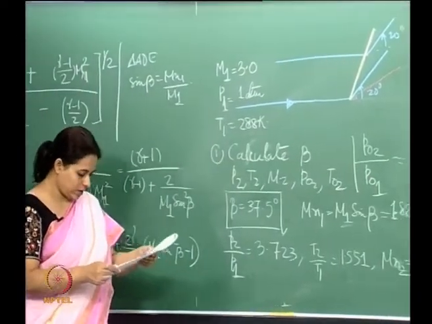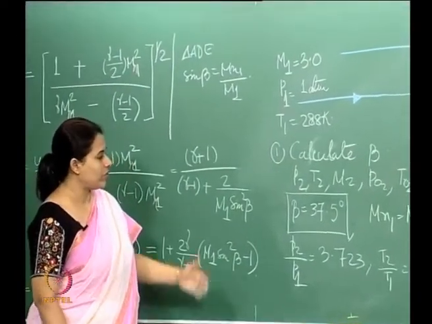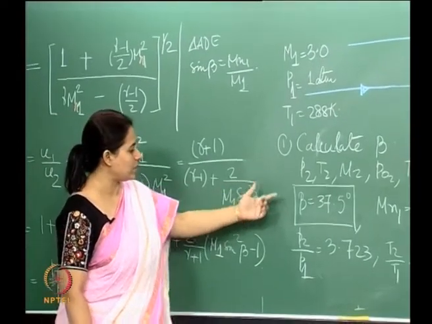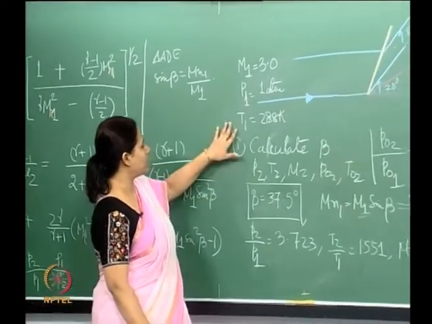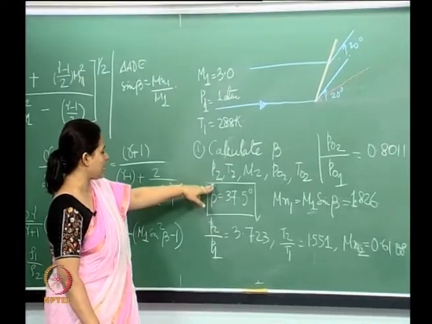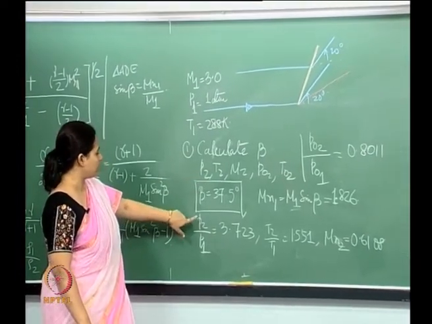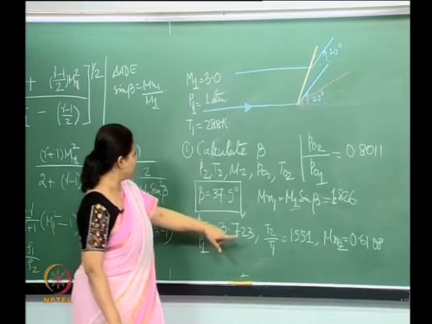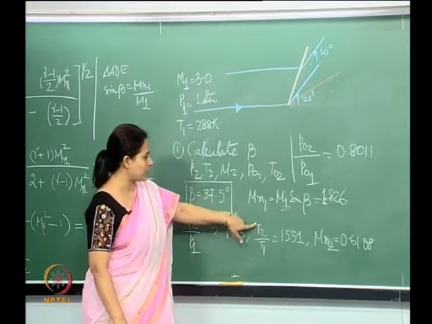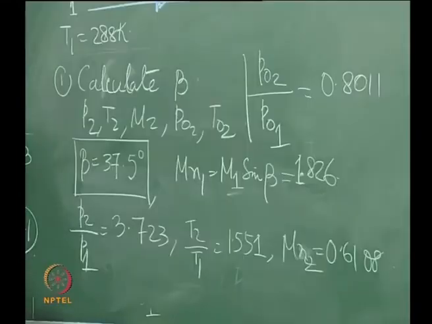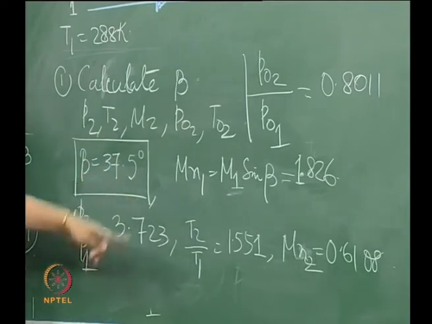Now having known these ratios, I believe you can find out all these values, because P1 and T1 are known. So we can calculate P2 from here, then T1 is known, so we can calculate T2 from here. And what else do we need to calculate? M2, so we can calculate M2 because we know Mn2.